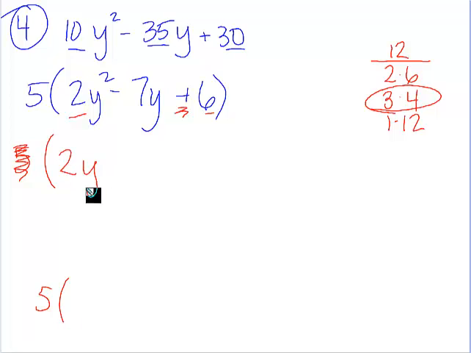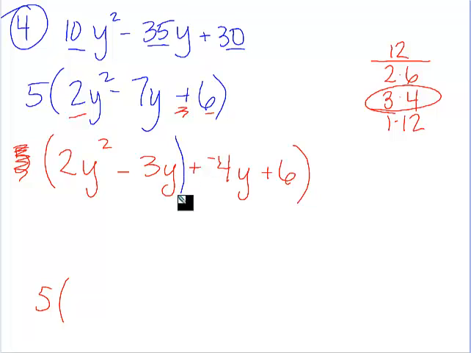So we have 2y squared minus 3y minus 4y plus 6. Now, in the middle, when we group this, we don't want this to be a minus sign. We want it to be a plus. So what should we do? Plus a negative. Good. Okay, so now let's group.